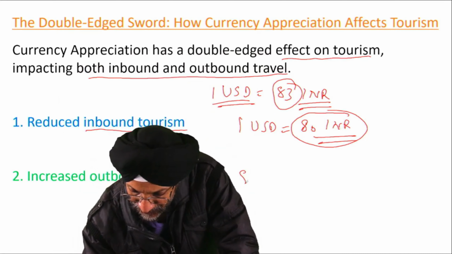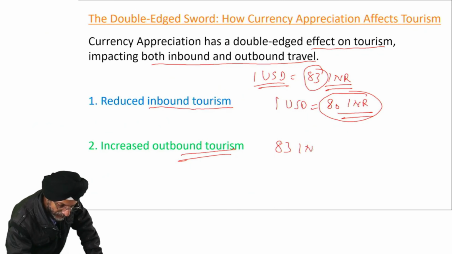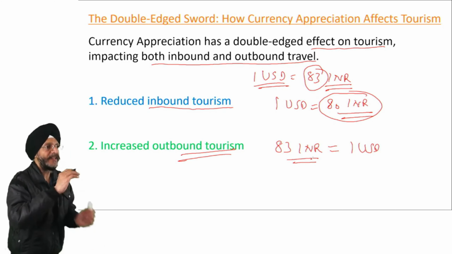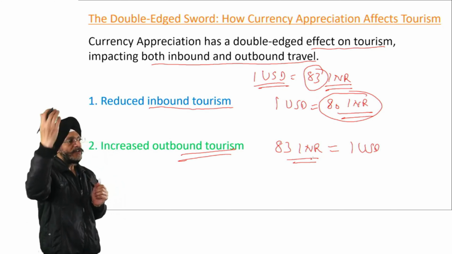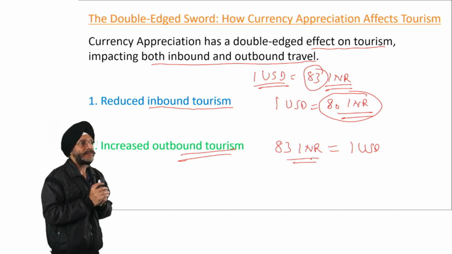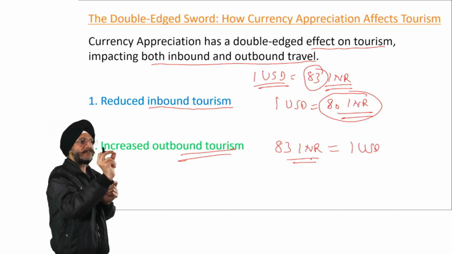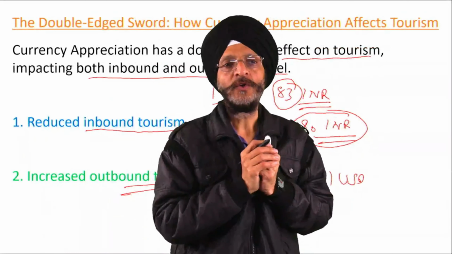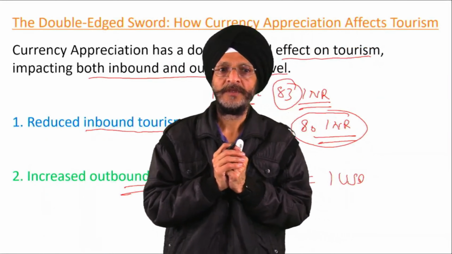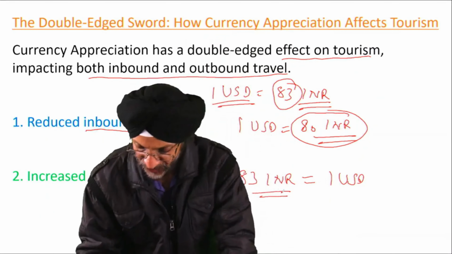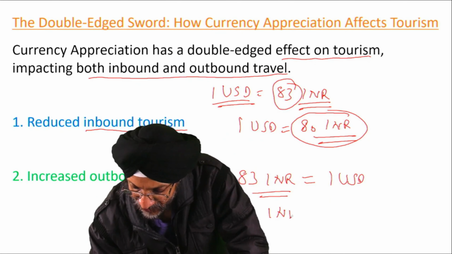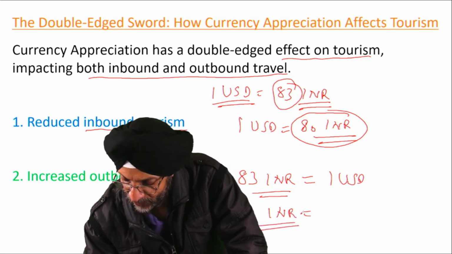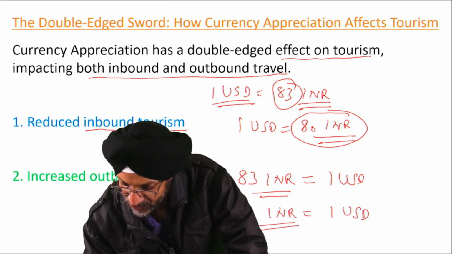Suppose at present 83 Indian rupees is equal to 1 US dollar. So if an Indian wants to go abroad, say to the USA, to get 1 US dollar, he will have to pay 83 rupees. Now if the Indian rupee has appreciated to say 80 Indian rupees equal to 1 US dollar.